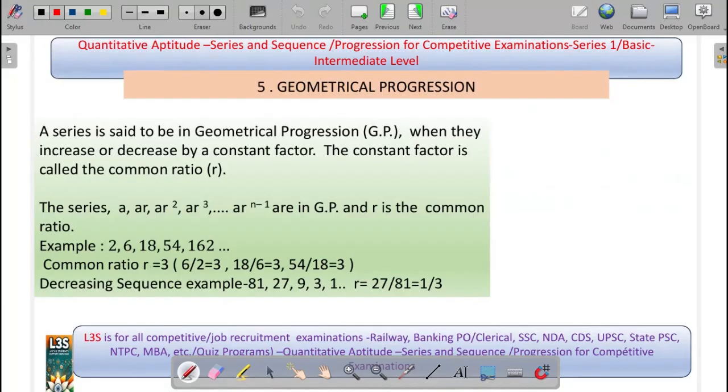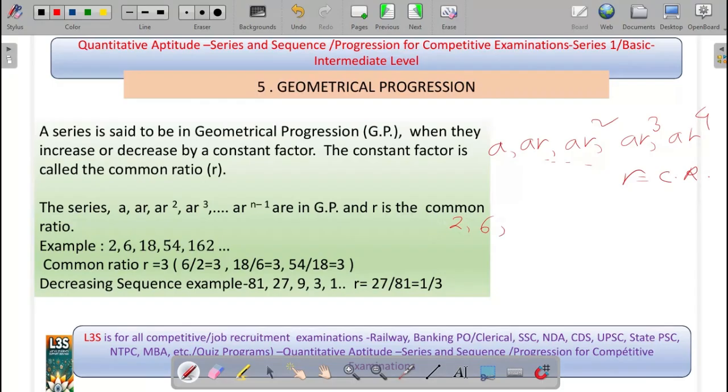Now we'll discuss geometrical progression. A series is said to be in geometrical progression, GP, when the terms increase or decrease by a common factor. The constant factor is called the common ratio. And the series will be in the form a, ar, ar square, ar cube, ar to the power 4, and so on, and r is the common ratio.